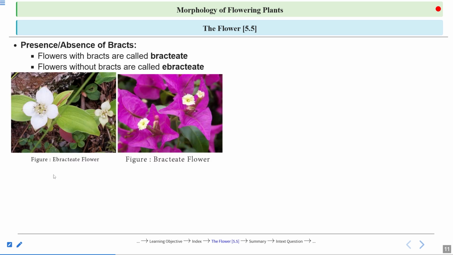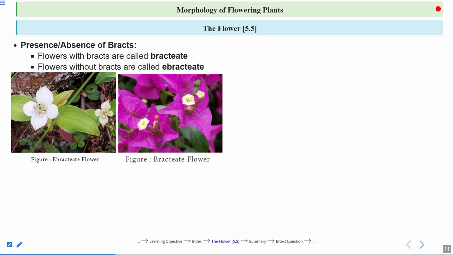So here you can see these are the bracts. This is the bougainvillea flower, and the colorful part that you see is not the petals. These are called bracts.